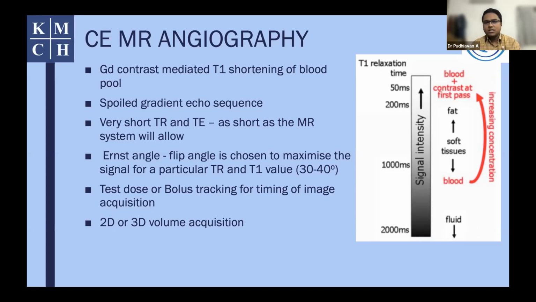Or you can use a bolus tracking method where there is continuous repeated fast acquisition which tracks the gadolinium contrast that is coming into the heart, and you can trigger the scan. The contrast MR angiography with the spoiled gradient echo sequence can either be a 2D sequence, or it can also be done with a 3D acquisition by acquiring volumetric data.